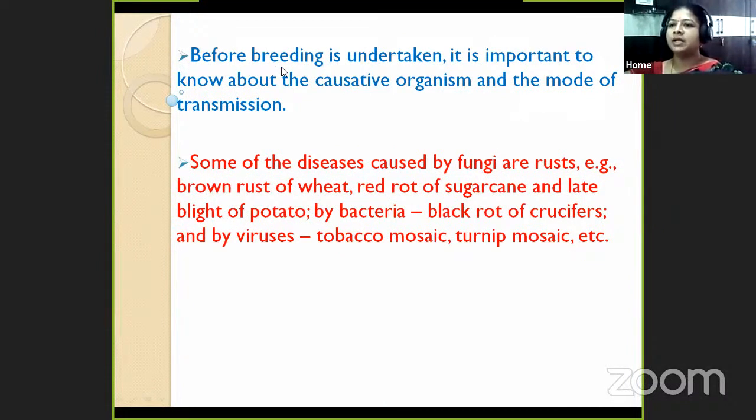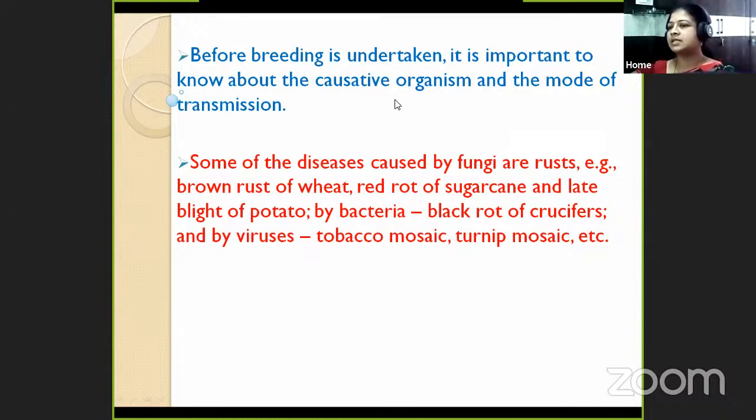Before breeding is undertaken, it is important to know about the causative organism and the mode of transmission. Before going to disease resistance breeding, the breeder, the person who carries out the breeding process to develop a specific new variety, first has to know about the causative organism.